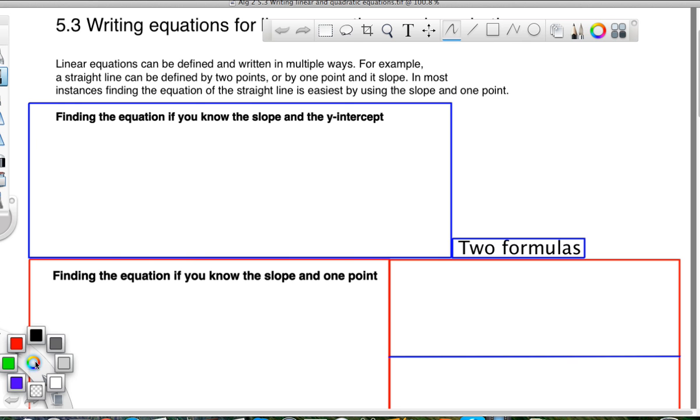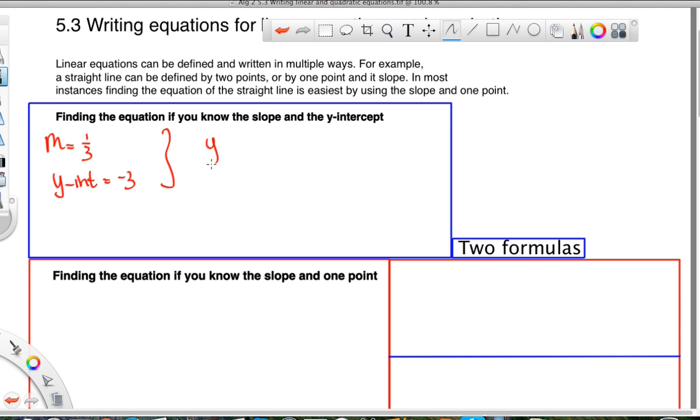So if you know the slope, and let's say that the slope is 1/3, and they're telling you that the y-intercept is at a -3, then you could use what most of you guys are most familiar with, y equals mx plus b, which is the slope-intercept form of a line, and just fill it in.